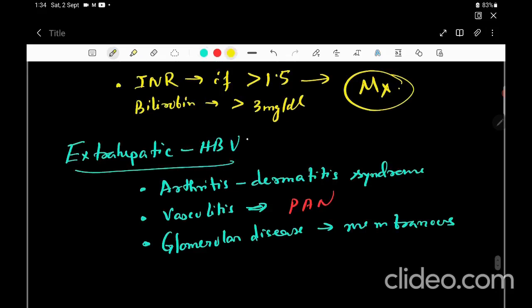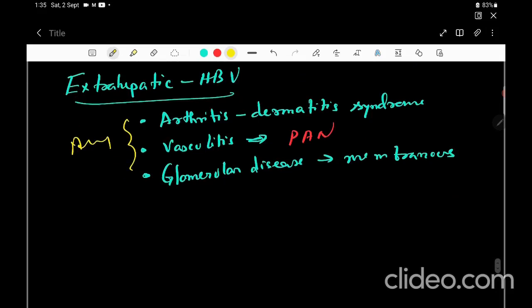If there is any of these extrahepatic manifestations, do manage the patient.